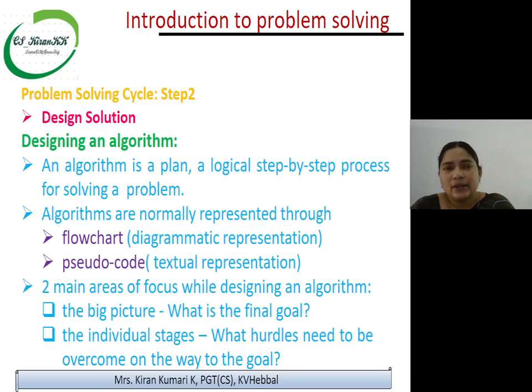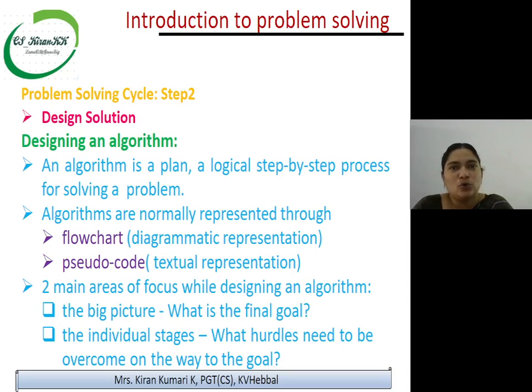While implementing or providing this solution, what are the two things we have to keep in mind? Two main focuses. One is the overall objective, the final goal, and then at individual stages, what hurdles need to be overcome on the way to the goal.